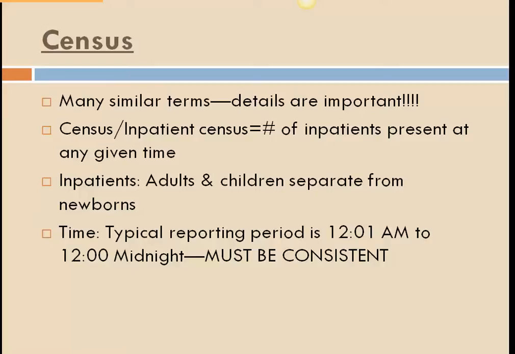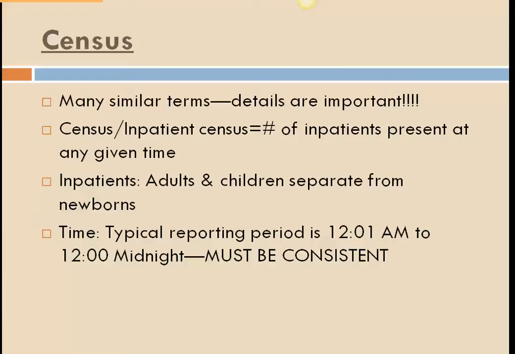Let's look at the first part: number of inpatients. Remember that we talked on the previous tutorial about the definition of inpatient, someone who's receiving room, board, and continuous nursing care in an area of the hospital where patients would generally stay the night. So it's the number of inpatients who are present at any given time.